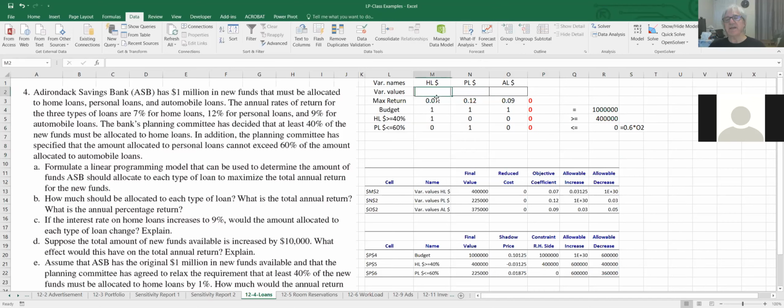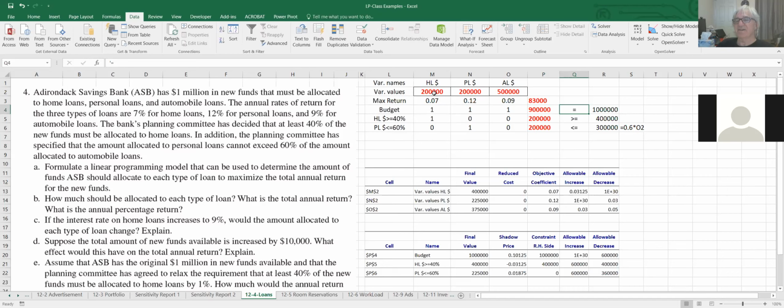If I put here a hypothetical portfolio, okay, it gave me a total annual return of 83,000. It gave me money used in this portfolio of 900,000, not good because I have to use 1 million.